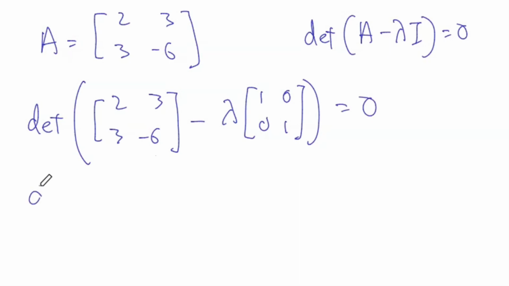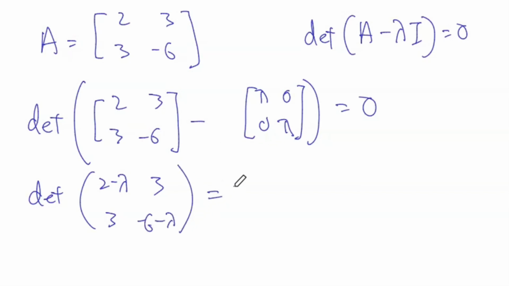So this one means the determinant of the matrix with 2 minus lambda, 3, 3, negative 6 minus lambda is 0.